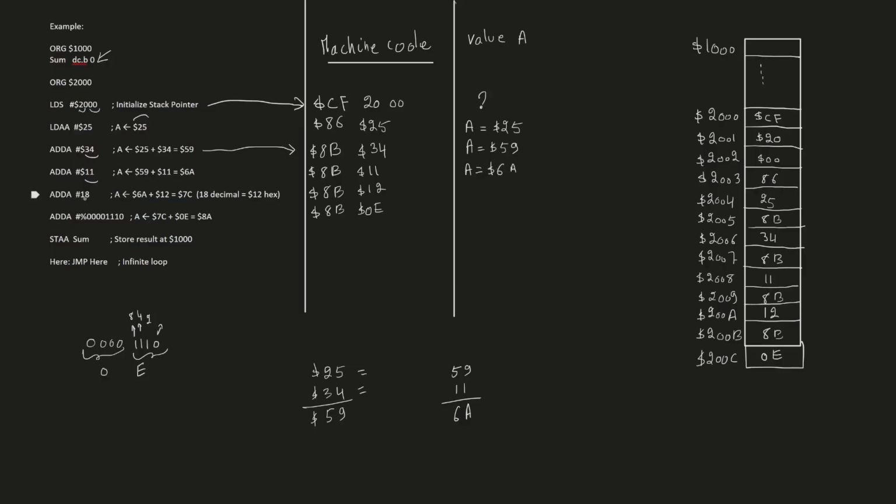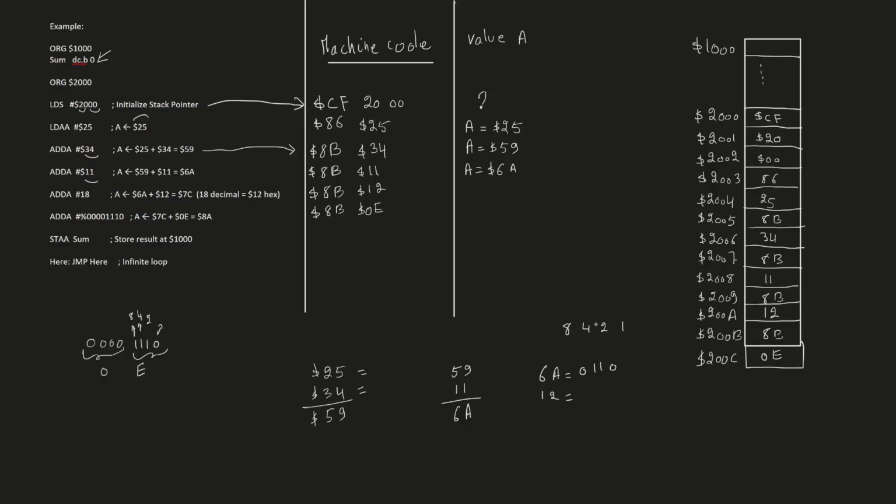Next, we add 18, which is 12 in hexadecimal. So we have 6A plus 12. Let's convert them to binary. So 6 is 0, 1, 1, 0. For easiness, for 4 bits, you have 8, 4, 2, and 1.